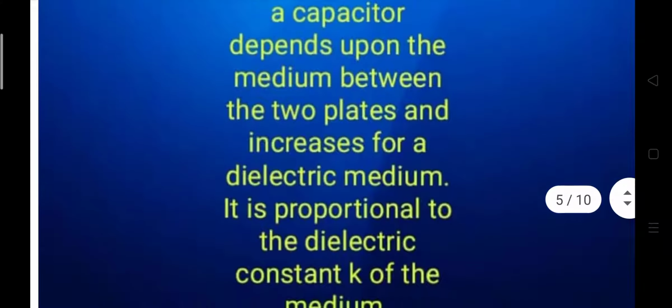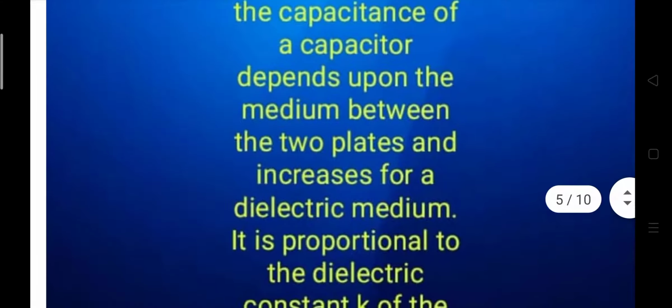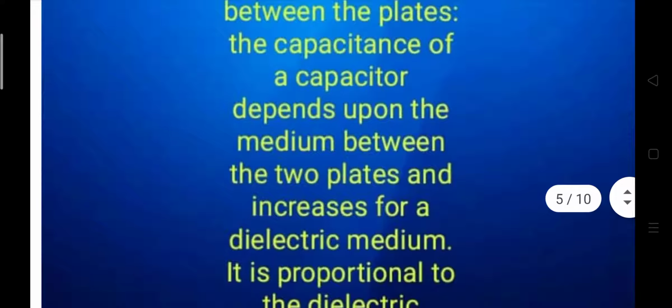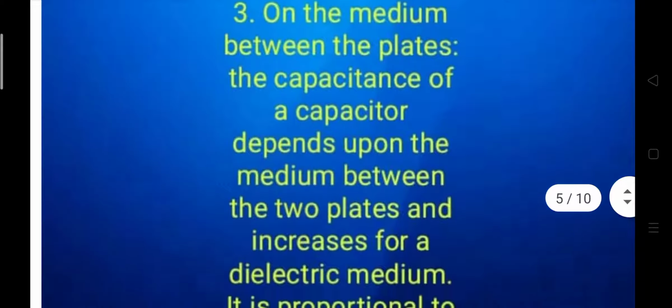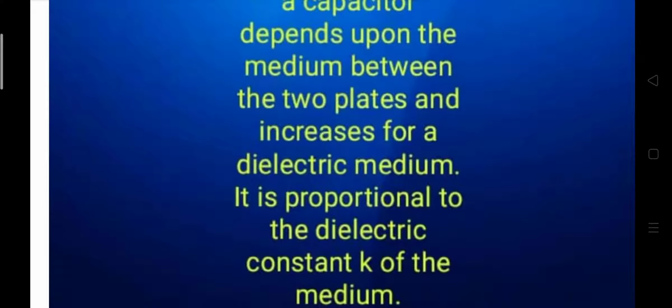It is proportional to the dielectric constant K. So, if between the metallic plates of the parallel plate capacitor we fill a dielectric material of dielectric constant K, then the capacitance of that capacitor increases by K times. It is a very important factor.